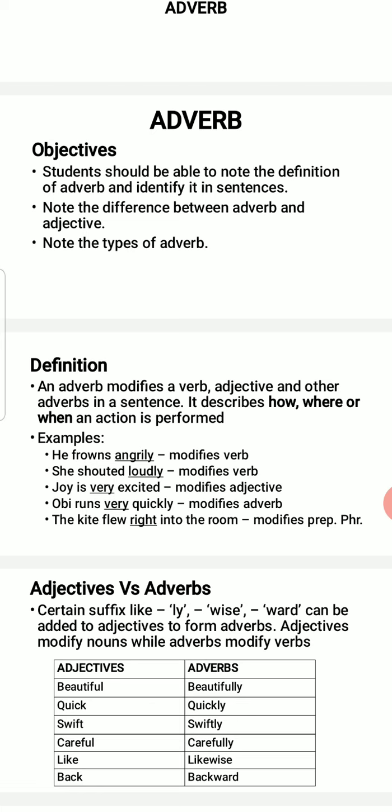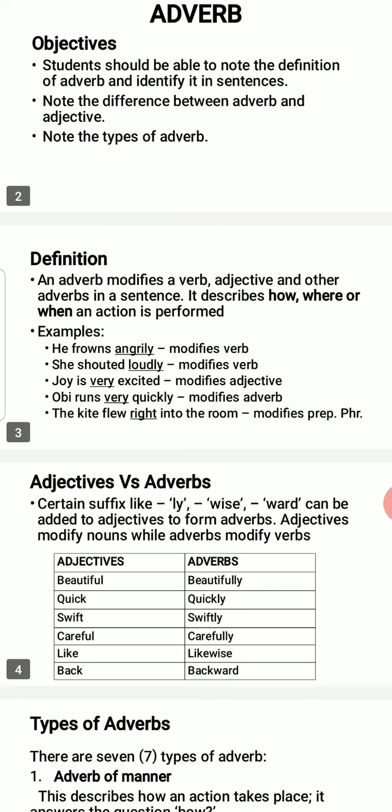Or simply, you may just say that an adverb is that word that explains the action in a sentence. I used to tell my students that an adverb could simply mean add something to a verb, which means an adverb has something to do with verb, just like an adjective has something to do with a noun.